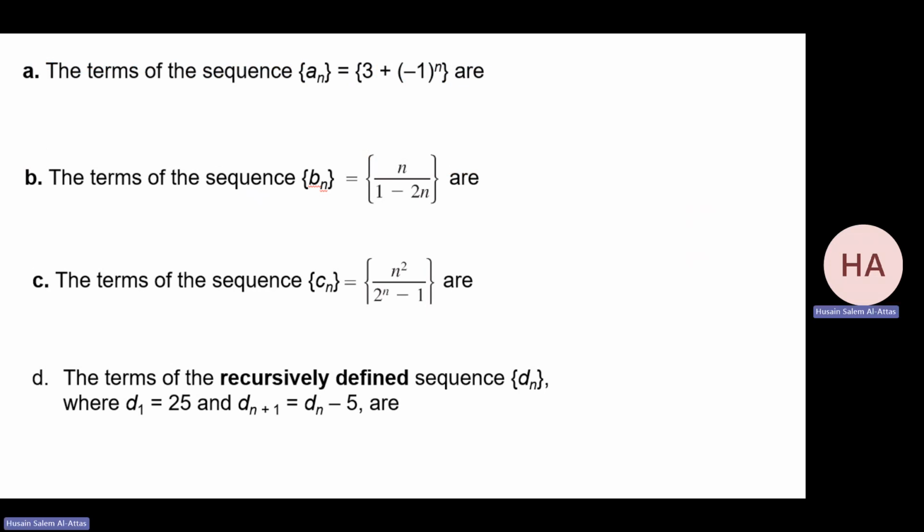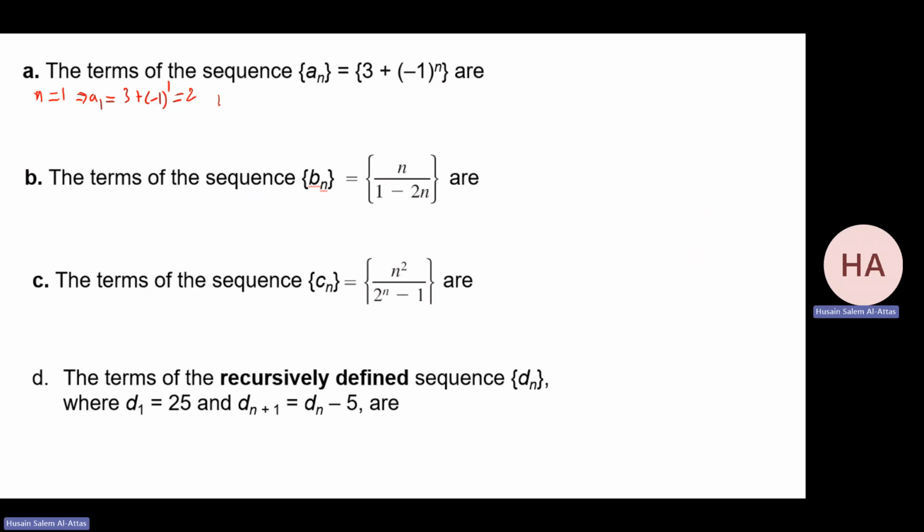Now, if you look at this sequence, what are the terms in this sequence? If n equals 1, what will a1 be? It will be 3 minus 1 to the power 1, and that will be 2.